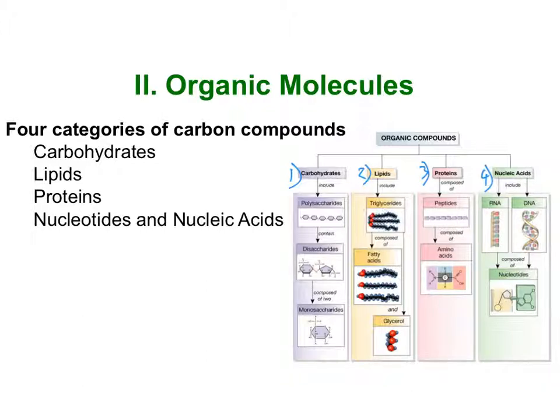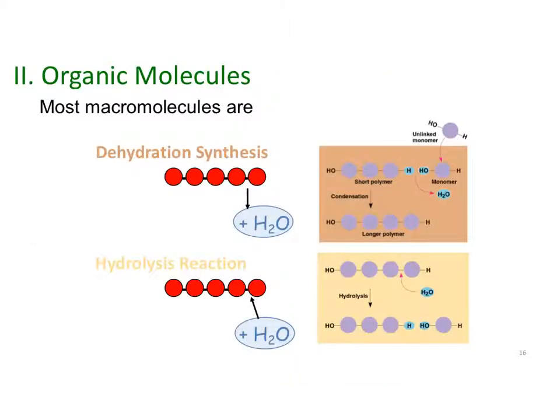But before we start this review of organic molecules, what we're going to talk about is what's the commonality between all of them. So all macromolecules are polymers, which just means that they're a string of monomeric units. So a string of monomers.